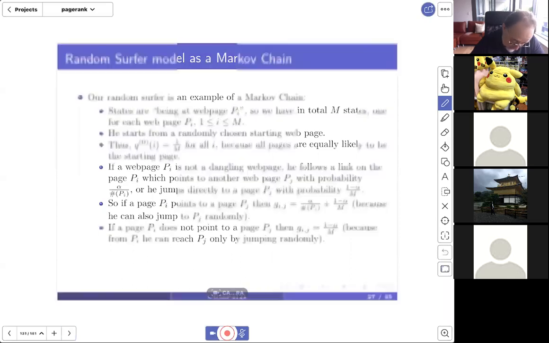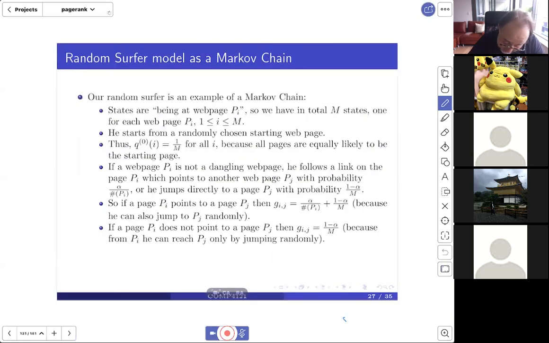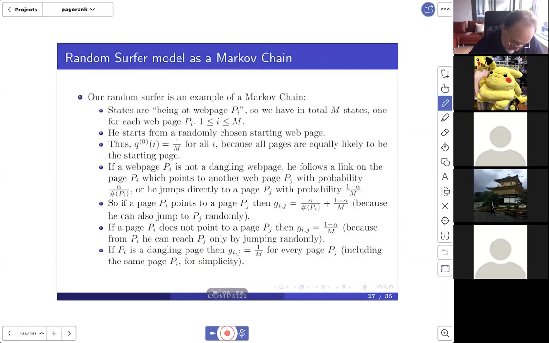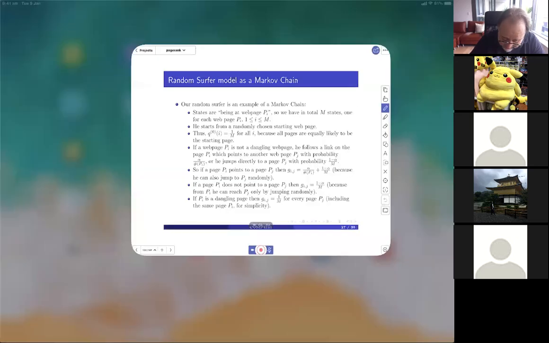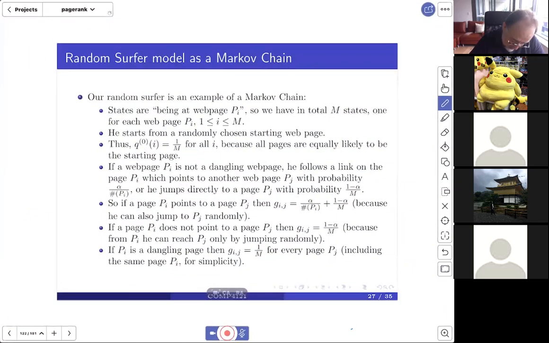If not, then it's just 1 minus alpha divided by n. And if Pi is a dangling web page, then Gij is of course always equal to just 1 over n.